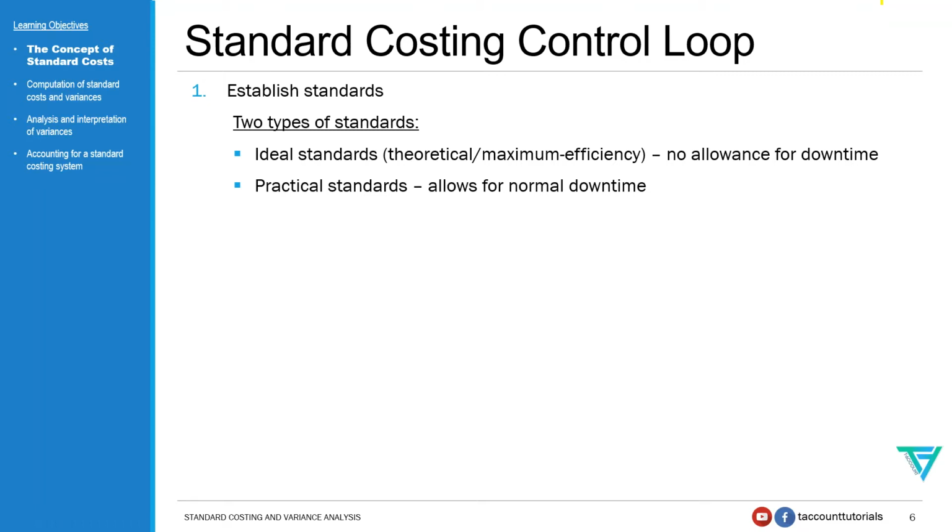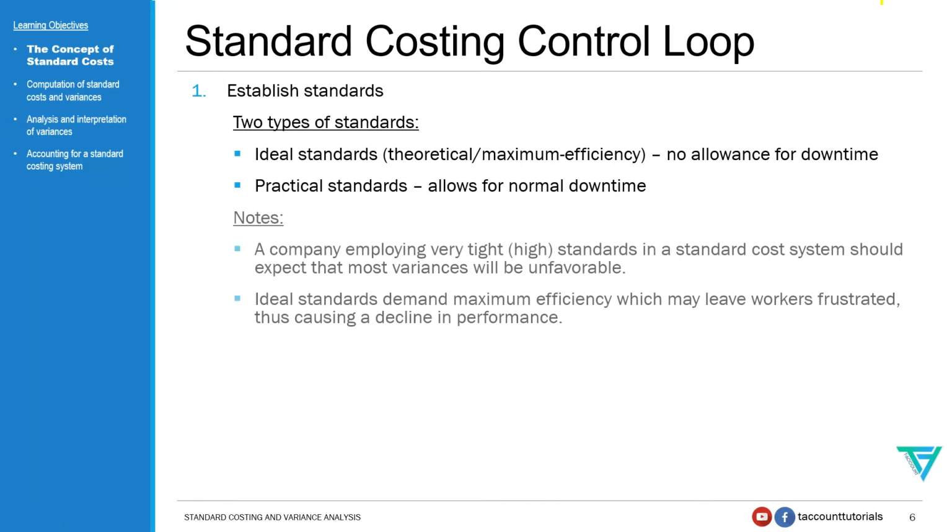So again, by the term itself, in practice, practical standards are the ones which are being used. Of course, as contrasted with the ideal standards, they are ideal, which means they cannot be expected to occur in the real world or in the actual manufacturing line itself, right?